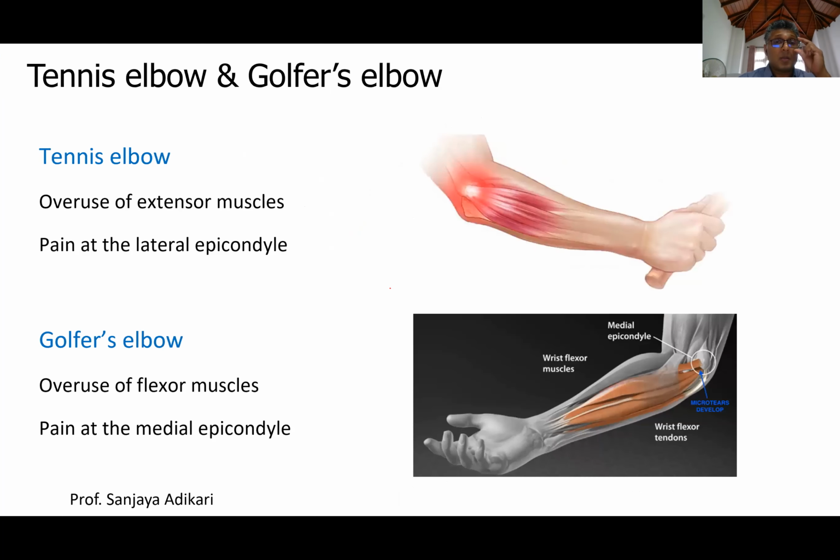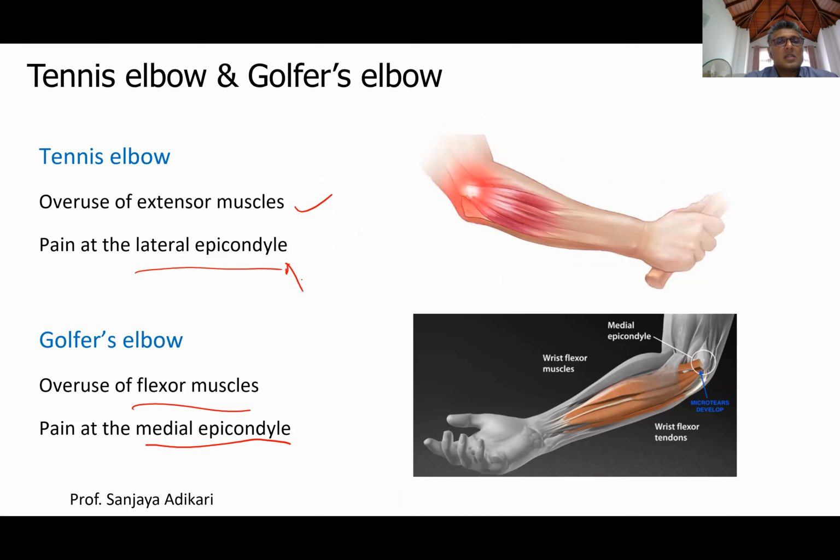Then just to remind you about tennis elbow and golfer's elbow. Tennis elbow is the overuse of extensor muscles, and the inflammation arises at the lateral epicondyle, and the golfer's elbow is due to overuse of flexor muscles, and the pain and tenderness is at the medial epicondyle level, where you get the common flexor origin.